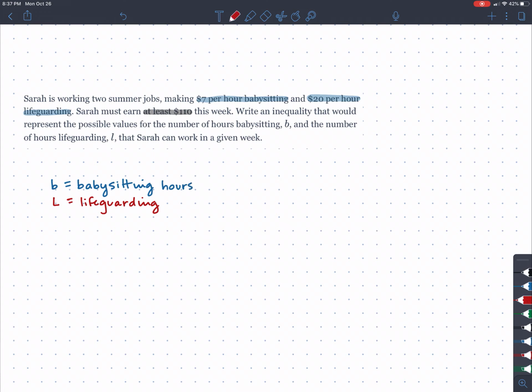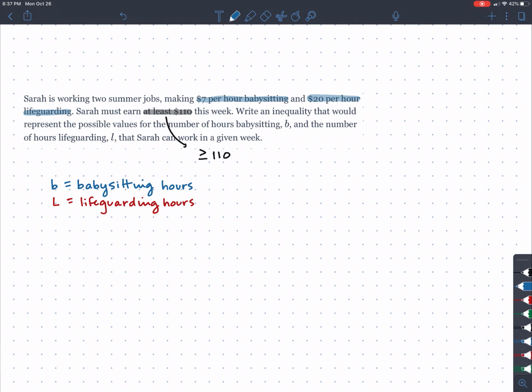And this is lifeguarding hours. All right. Our inequality here is pretty clear because they tell us that it is at least. So we need to be greater than or equal to 110, since I want values that are bigger than 110, but at least $110.